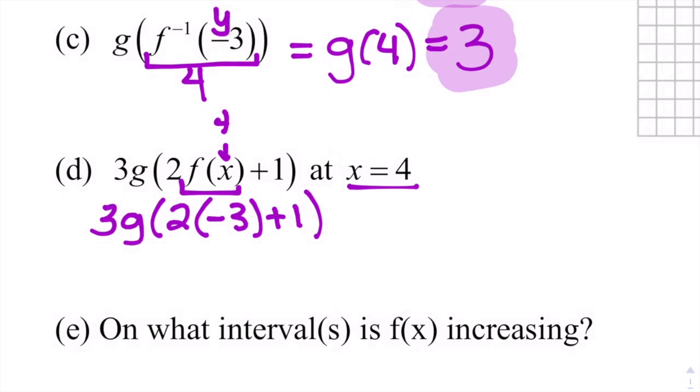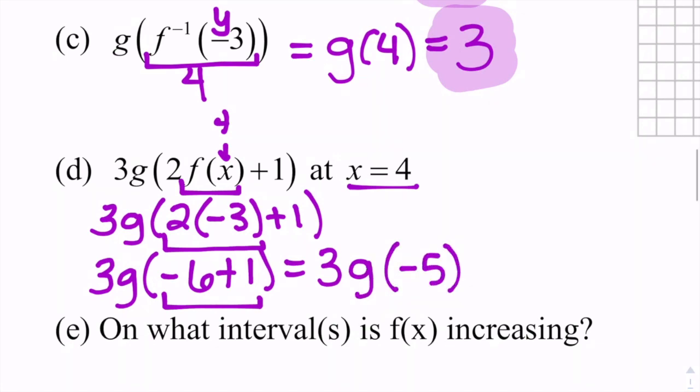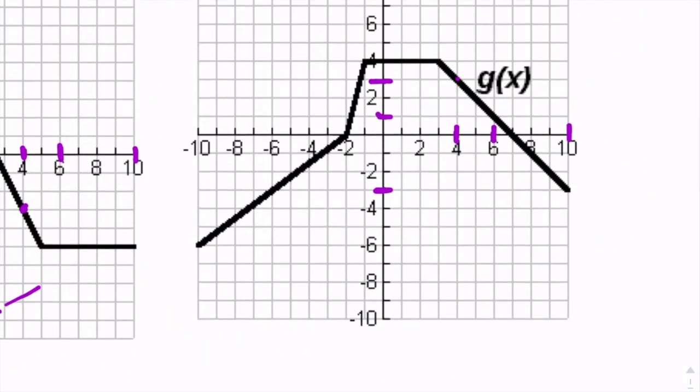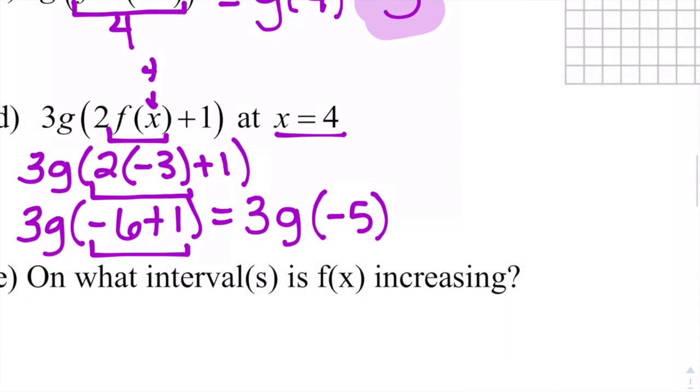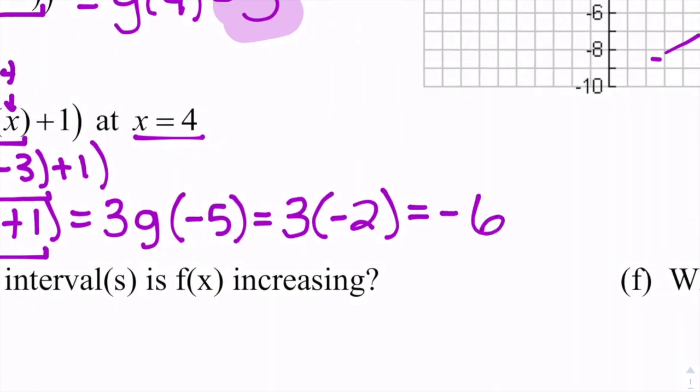And now order of operations, we're going to do 2 times negative 3, so it's 3g negative 6 plus 1, and then negative 6 plus 1 tells us that we have 3g of negative 5. And so now we're going to evaluate g of negative 5. So if we go to negative 5 right here, we're there, so we're at y is negative 2. And so this gives us 3 times negative 2, which is negative 6.